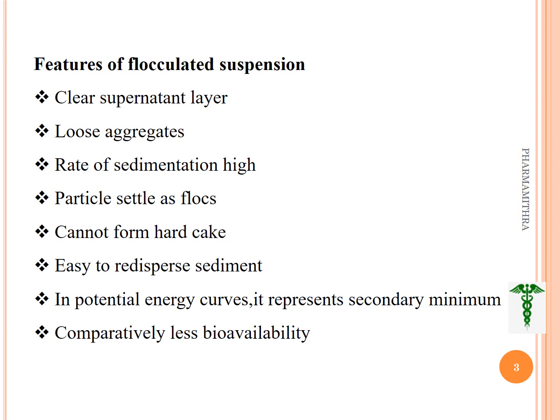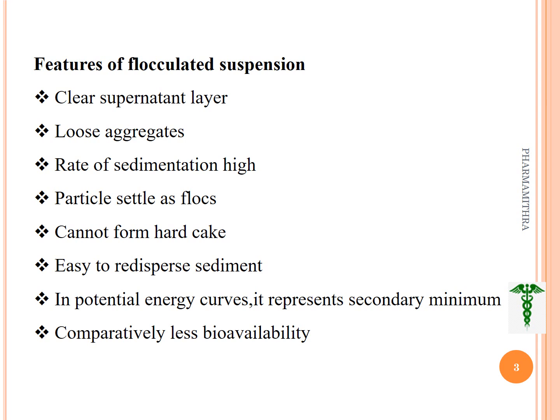Let us think about what the features of a flocculated suspension are, that is, how we can find whether it is a flocculated or deflocculated suspension. Flocculation means aggregate, as we already said, right? In a flocculated suspension, we can see a clear supernatant layer. Supernatant means the upper layer, and we can see loose aggregates. In that case the rate of sedimentation is high, as the particles settle as flocs.